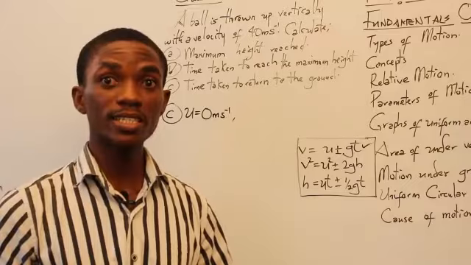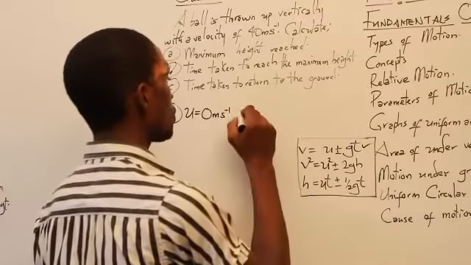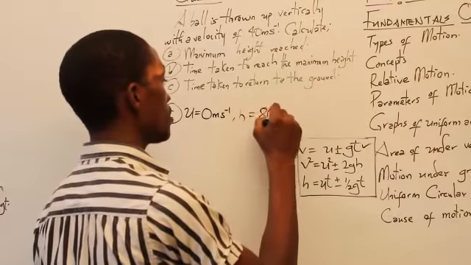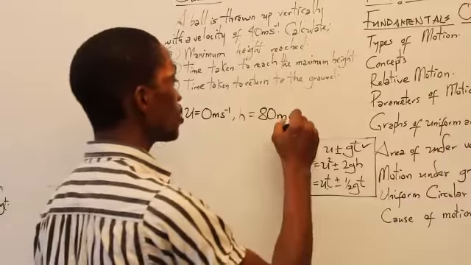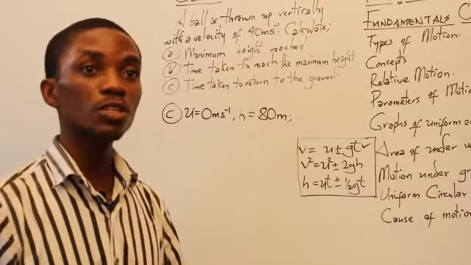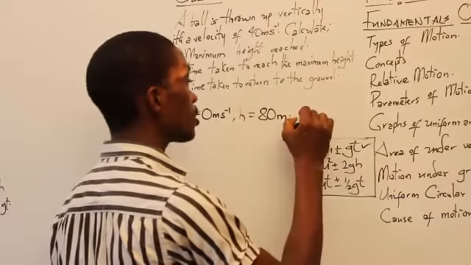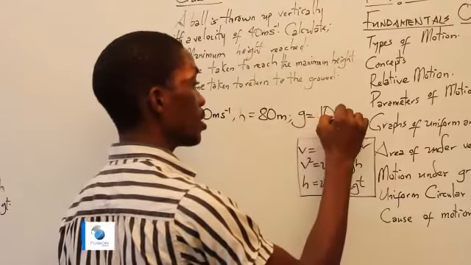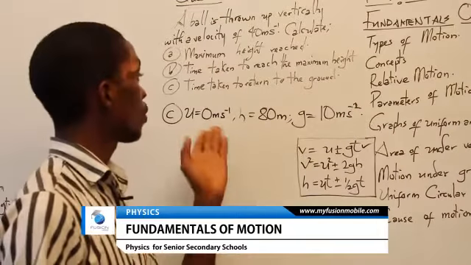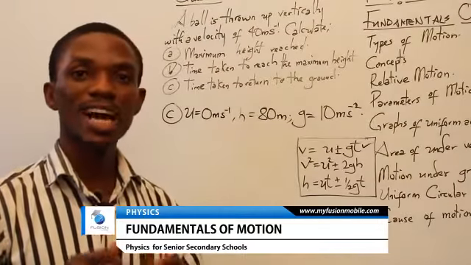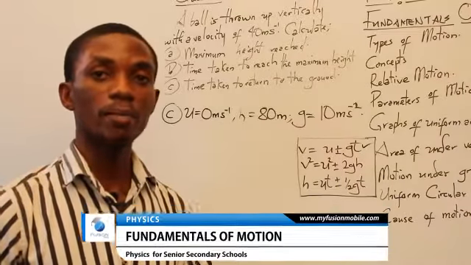We have calculated the height, so we know how far above the ground the ball is falling from, and our height was calculated as 80 meters in the first question which we handled. And the third thing to note is the acceleration due to gravity. That's g, which we have always noted to be 10 meters per second squared. So what are we trying to get? Time. The time it will take the ball to strike back.